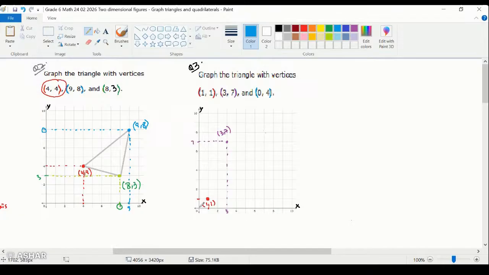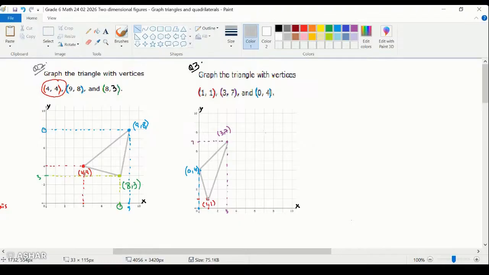That means 0 on the x-axis and 4 units on the y-axis. So this is 0, 4. When we try to join these points together, this is the shape of the triangle that would be formed.